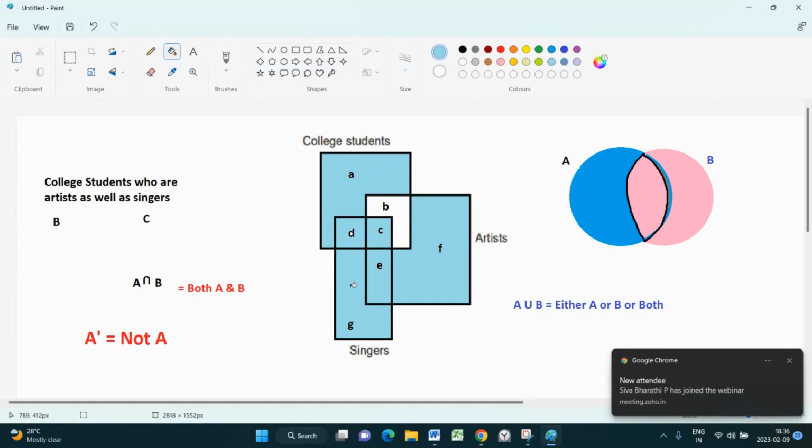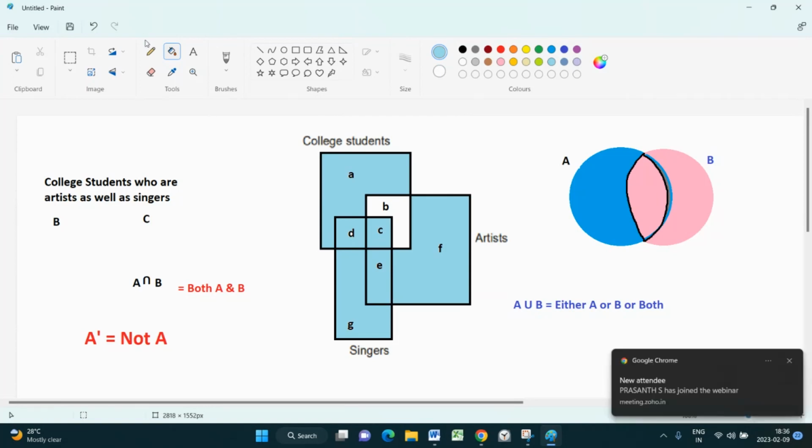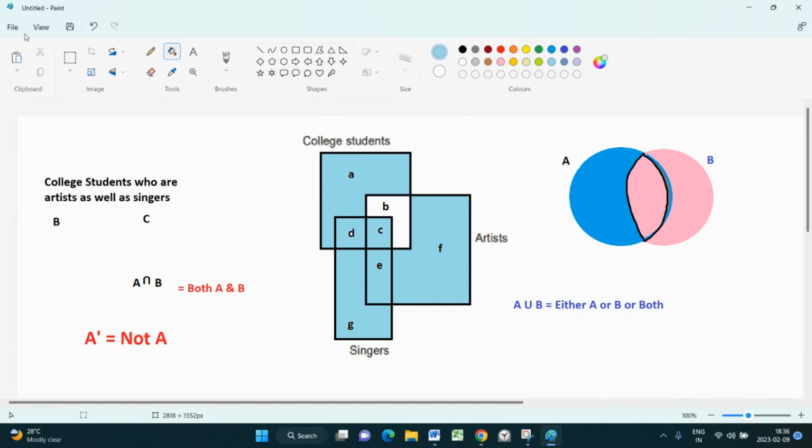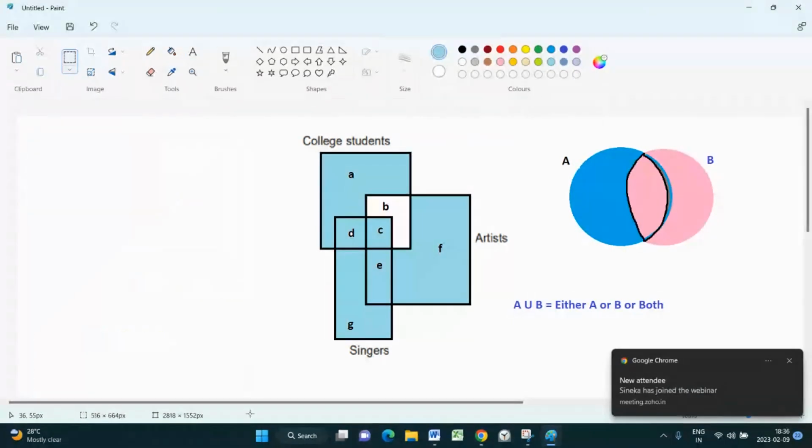Now I want to know what is A intersection B complement. I will delete all this so that it doesn't confuse you.